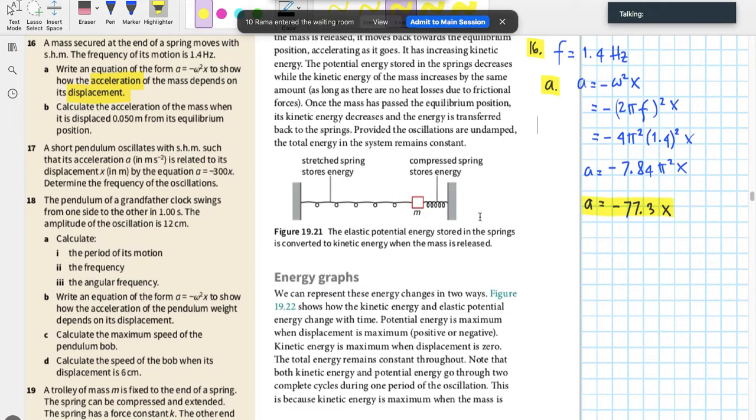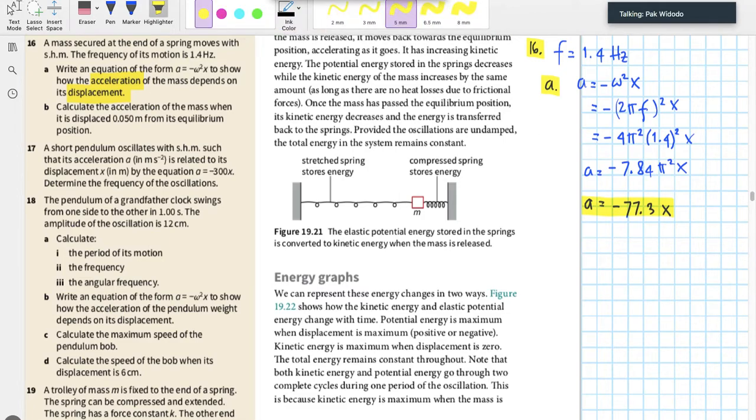Okay, let me check the B question. Calculate the acceleration of the mass when displaced 0.05 from the equilibrium. B, this is equal to a equals minus 77.3 times x, where x is 0.05.